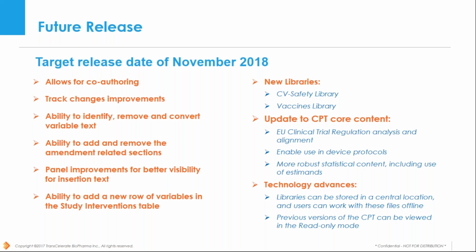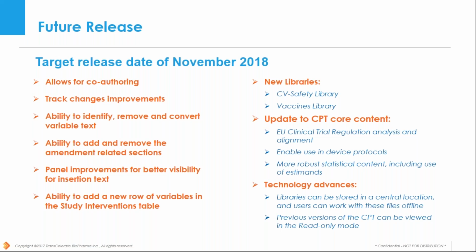So this is my final slide. I just wanted to point out that we are in the midst of a future release. The target release date is November of 2018. We've listened to different member companies and taken into consideration some increased benefits. Some of the things you'll see in the new release are co-authoring and track change improvements.